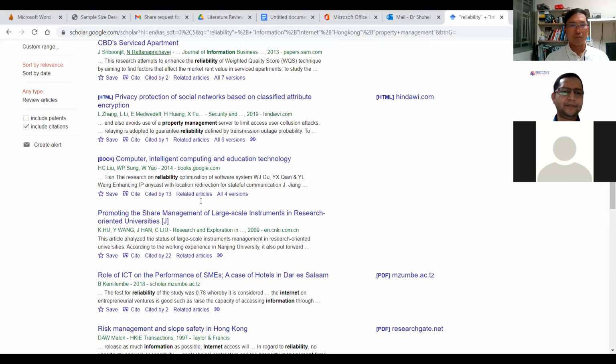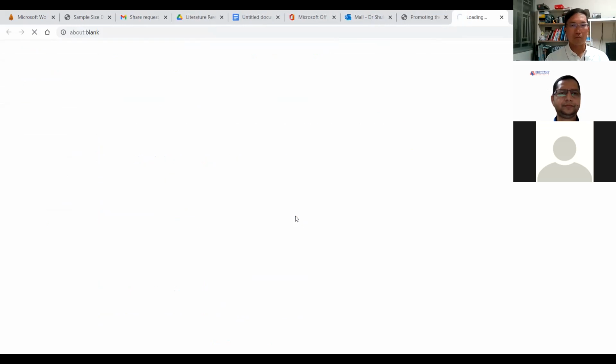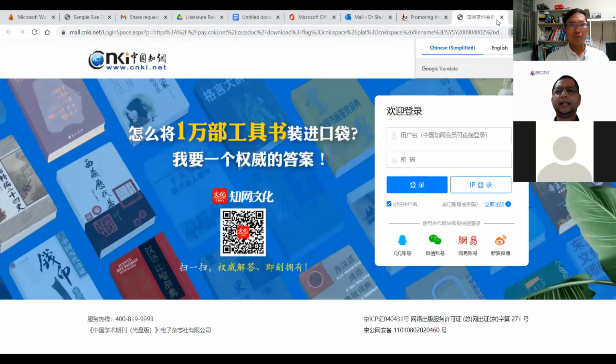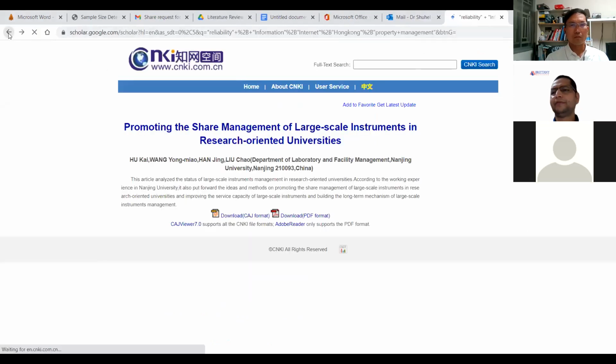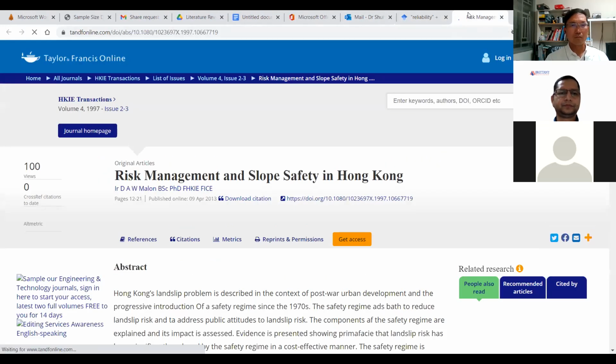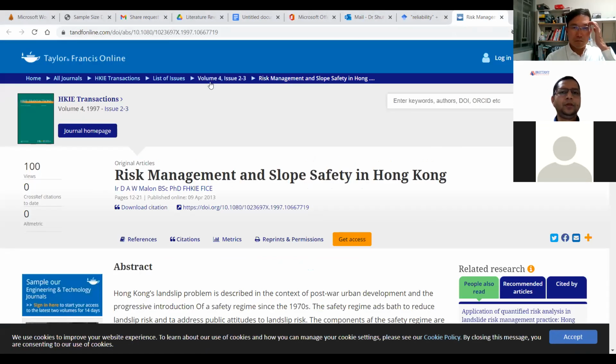Now how to read is, let's say, just click into this and download this article, PDF. So you can see here, some of the articles are free, but some of them are not free. Risk management in the property, you see here. This is the article. So this is how you do your search.